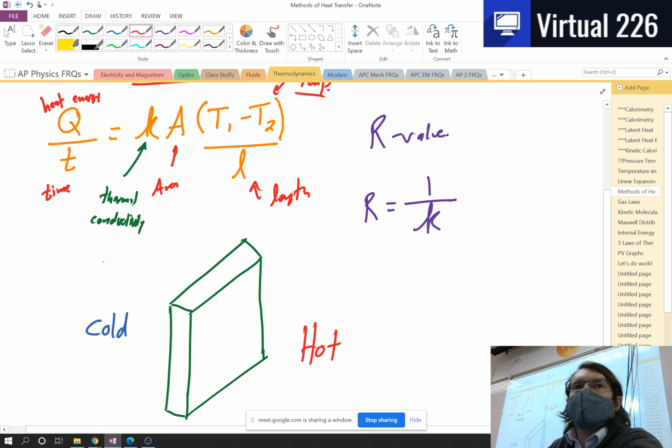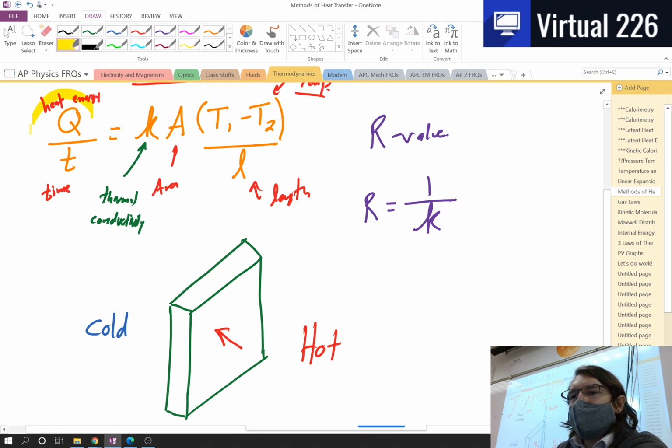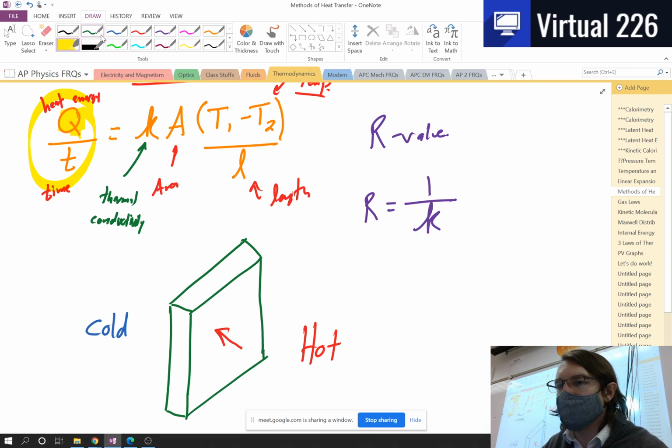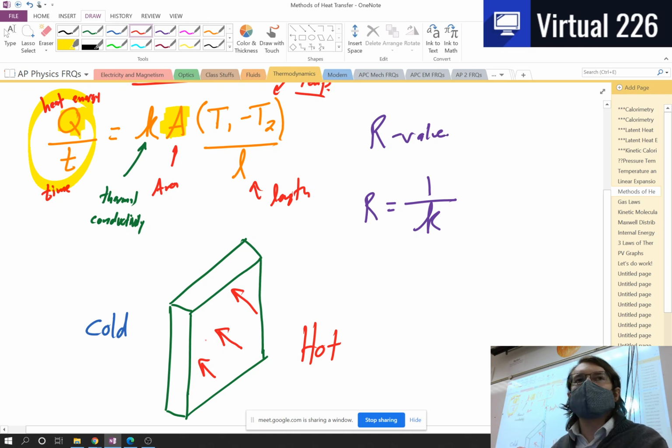We know that in theory, the energy flow should go from hot to cold through this object. Well, what would increase the rate of this heat transfer, this Q over t? Well, if you had a larger door or a larger opening, then there would be more opportunities for the hot object to transfer to the cold side.